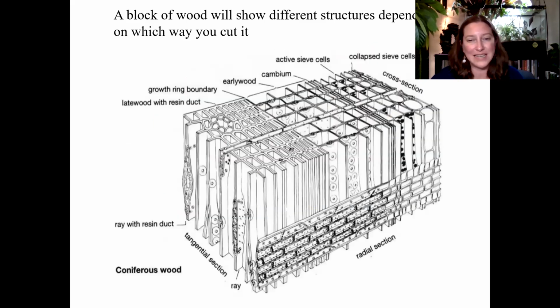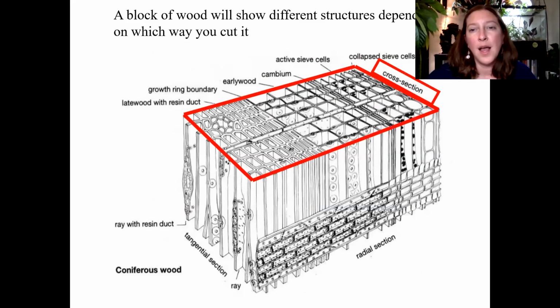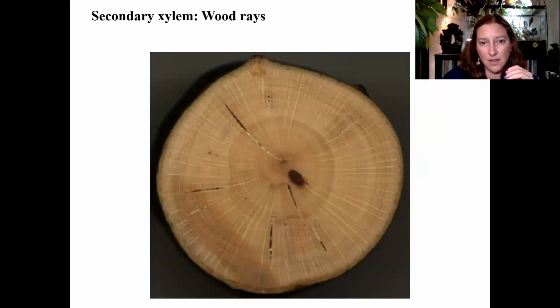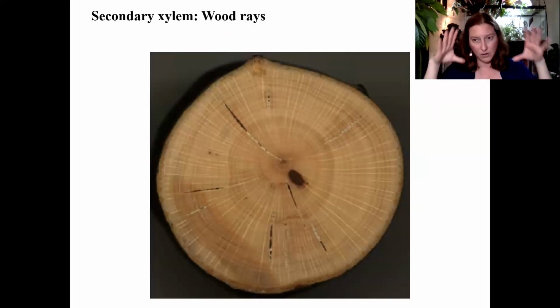So for example, this is an easier one to kind of wrap your head around. Here's a cross section. So if this is a block of wood, a cross section cut is like this. You cut the tree down, and you're just looking at the tree cookie, as it were.